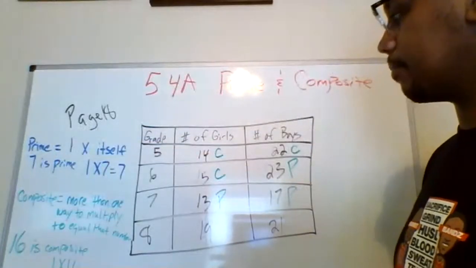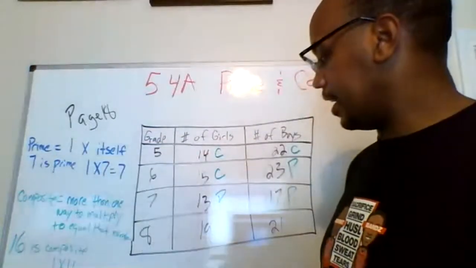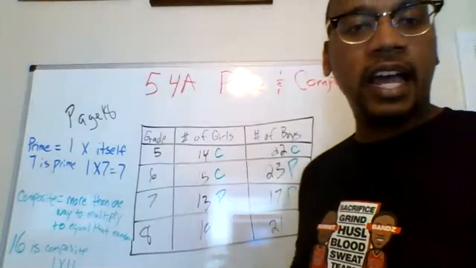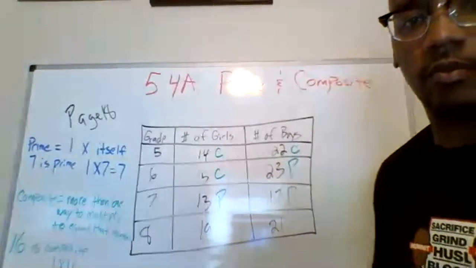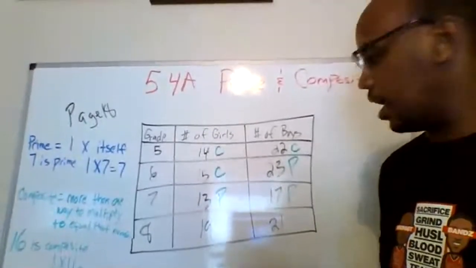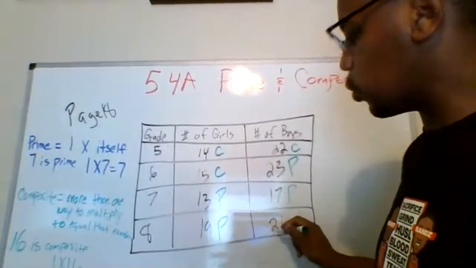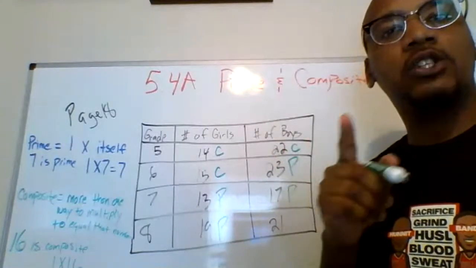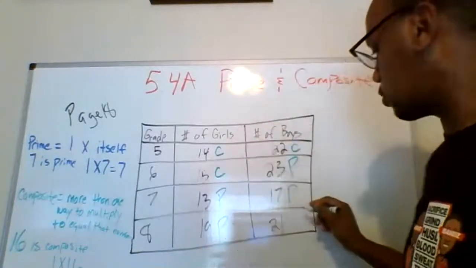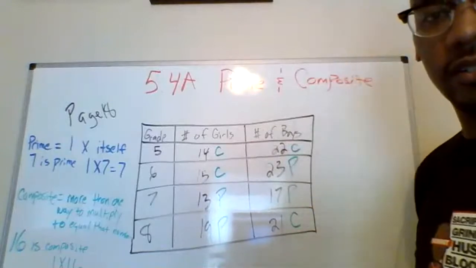So that's prime. 8th grade, the only numbers I can multiply to get 19 are 1 times 19. But 21 is 1 times 21, and it's also 3 times 7. So 21 is composite.